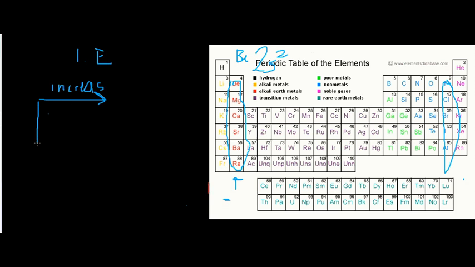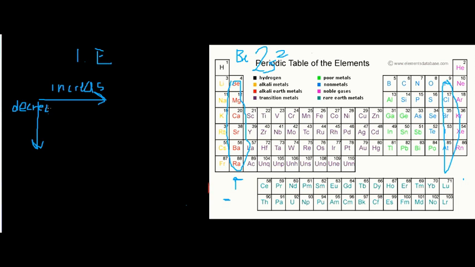And as you move down in a column of the periodic table, usually the radius increases, so the ionization energy decreases because you're at a higher n value. The higher the n value, the easier it is to remove an electron from the atom.